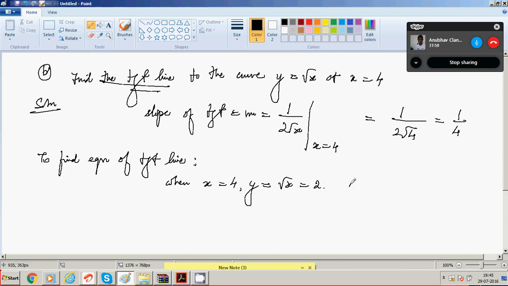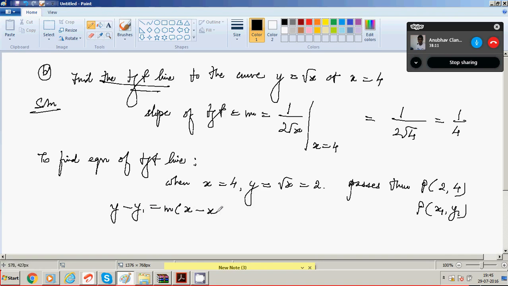So the line passes through the point P, 4 comma 2. So P is like x1, y1. So the equation of the line becomes y minus y1 equals m times x minus x1.